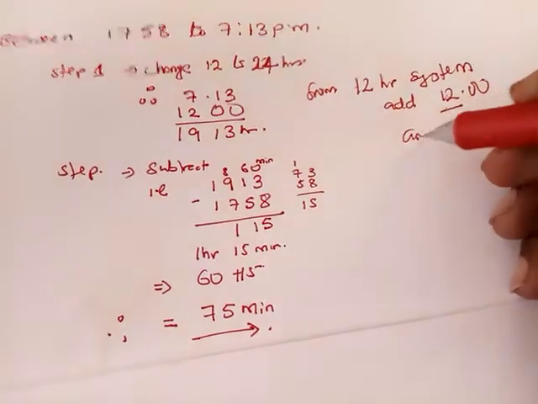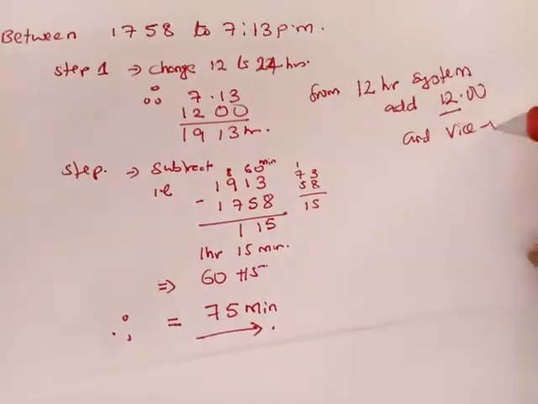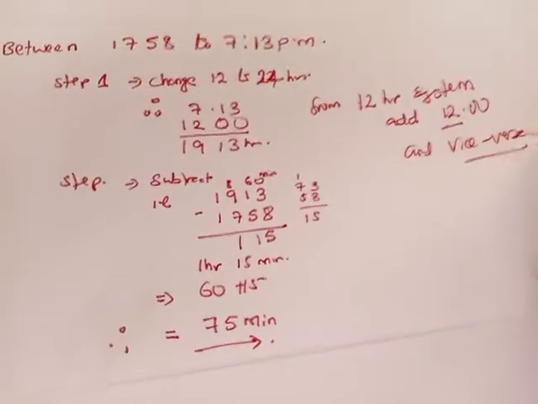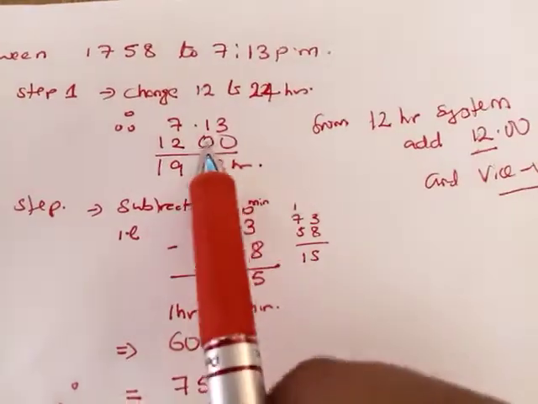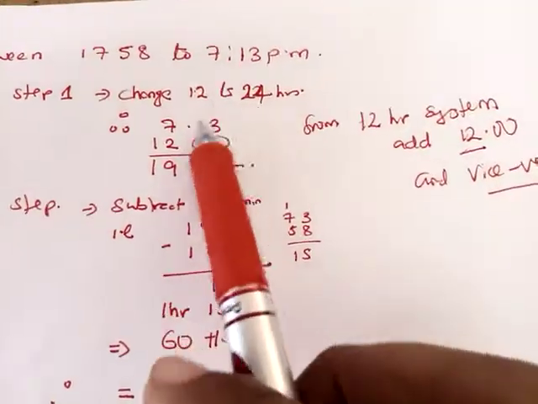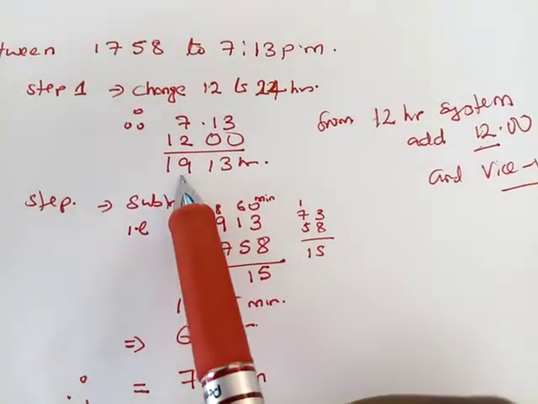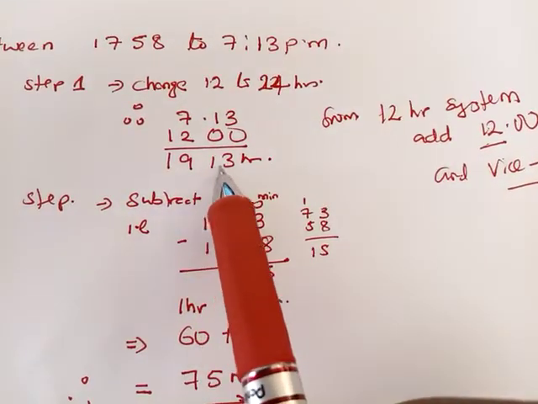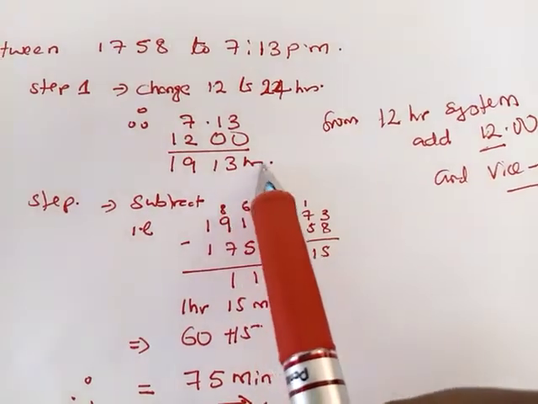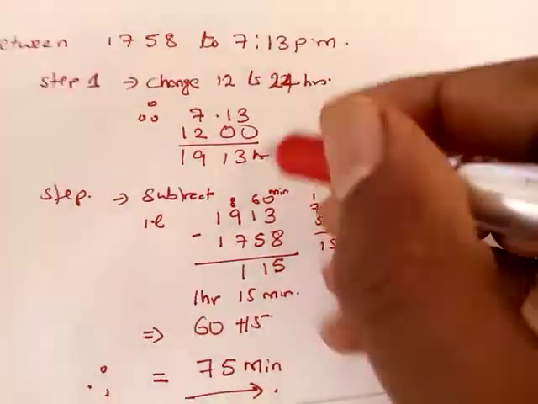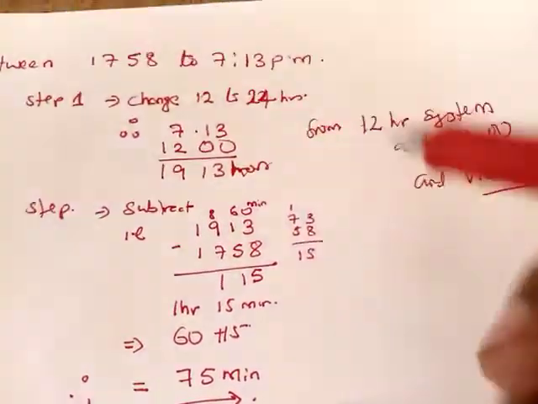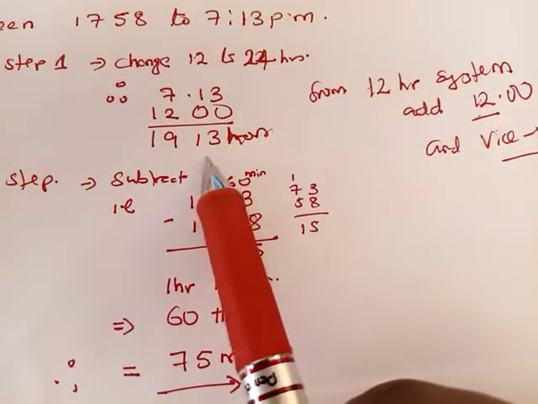So in this case, when we add 12 hours to 7:13, we're going to get 1913 hours. We write them as hours since it is the 24-hour system, so we just write 1913 hours.